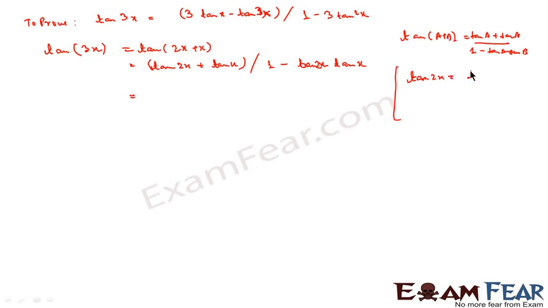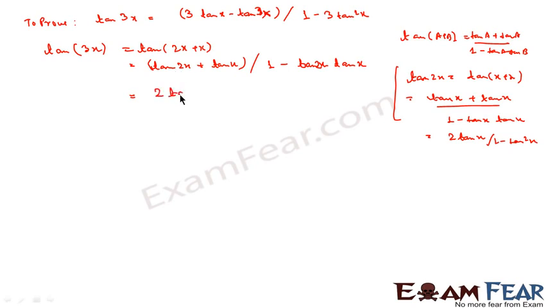Tan of 2x, this guy is equal to tan of x plus x, and this becomes tan of x plus tan of x by 1 minus tan of x into tan of x. So this becomes 2 tan x by 1 minus tan square x. Similarly, we'll use the same formula here.